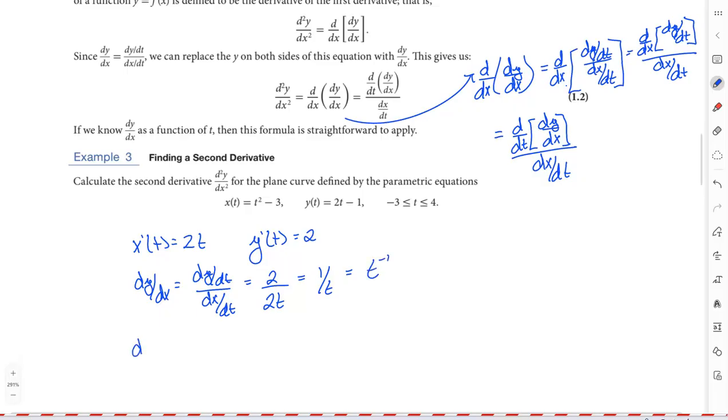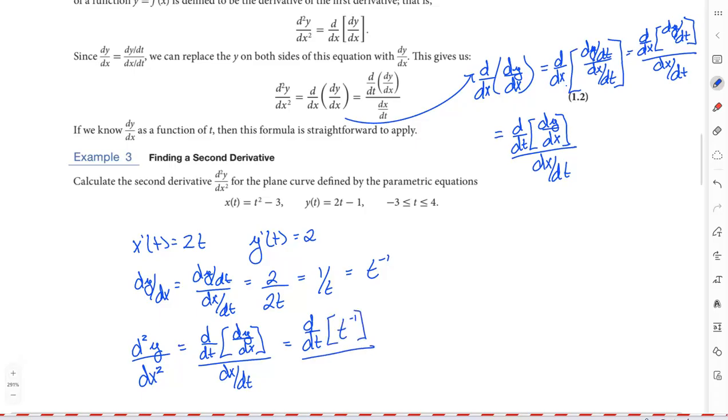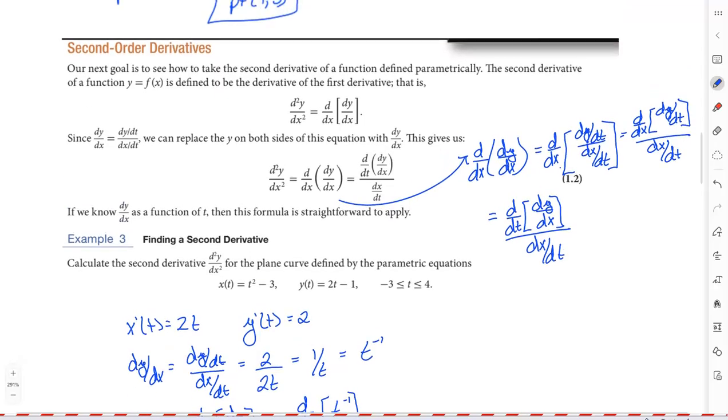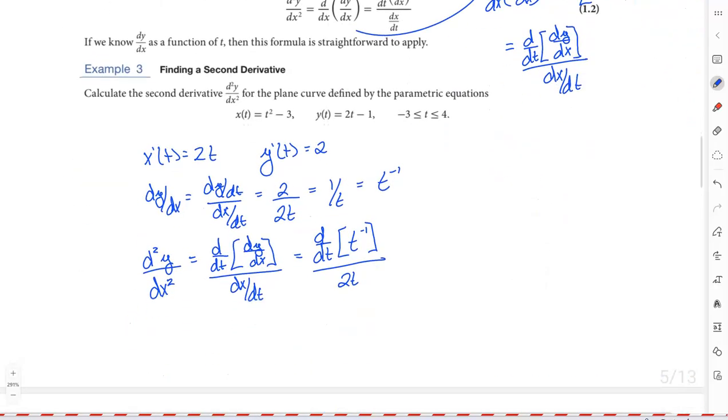So if we want to find the second derivative, d squared y over dx squared, it's going to be the derivative with respect to t of dy over dx divided by dx over dt. So I'm going to take the derivative with respect to t of t to the negative 1, and now I'm going to divide that by dx over dt, which was 2t. Notice I did not take a second derivative there. It's the first derivative of x with respect to time.